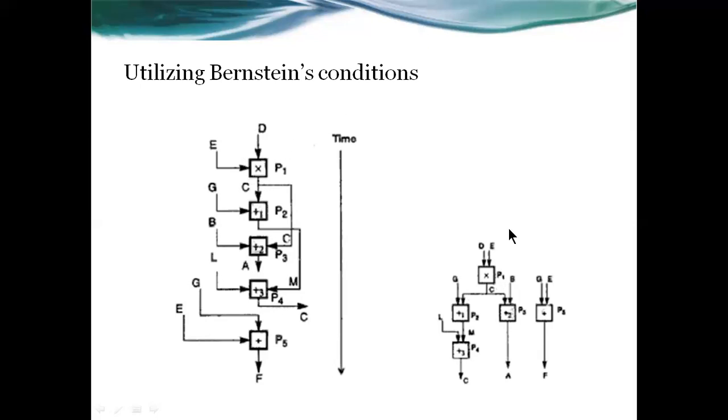Now, assuming that we have a single multiplier bar divider block and two adder blocks, only one divider bar multiplication block, and two adders.